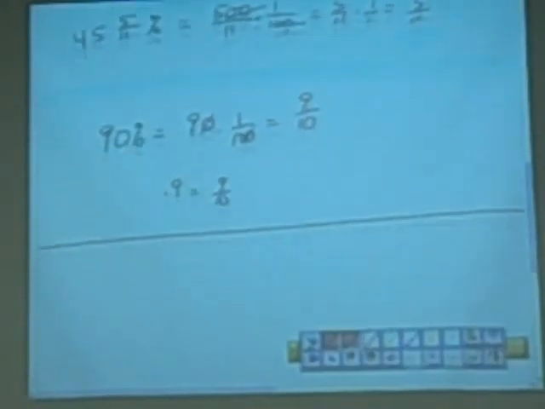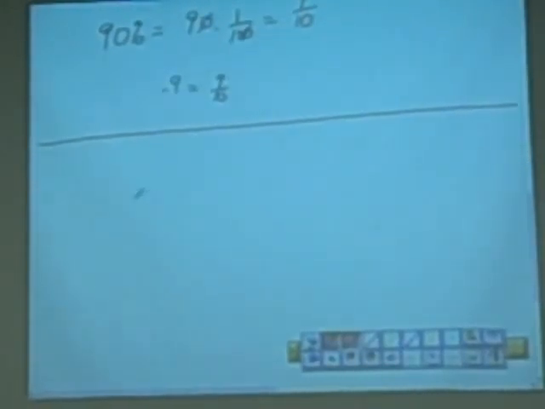Now if we had one like 9.1%, and we're working with problems 27 through 38, where with these problems we want to write as a decimal.